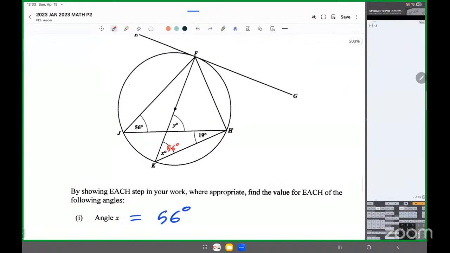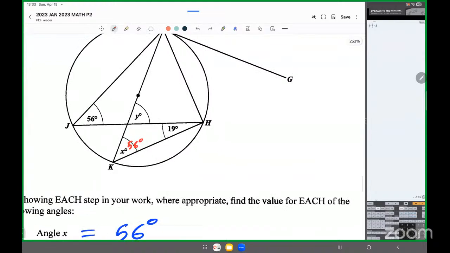Look at it. Angle Y is an angle that is external to this triangle. Because look, if I were to draw in this triangle, this angle is the angle on the extension of this side.